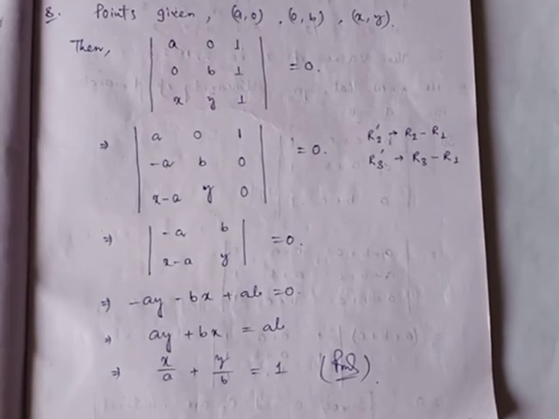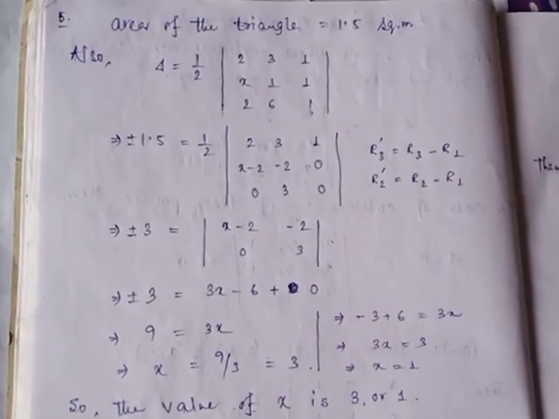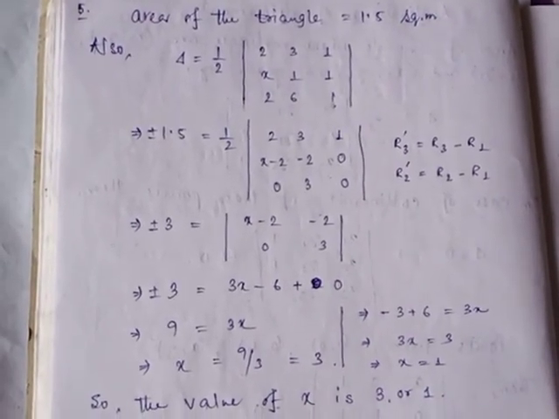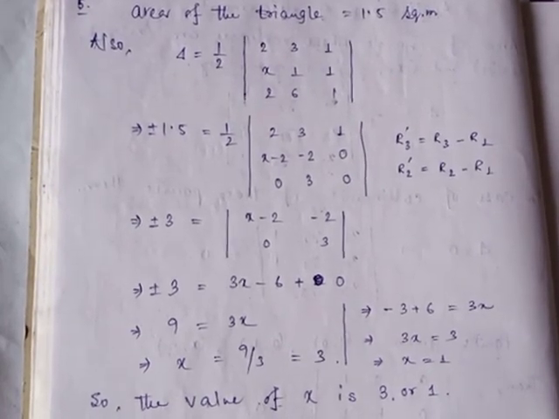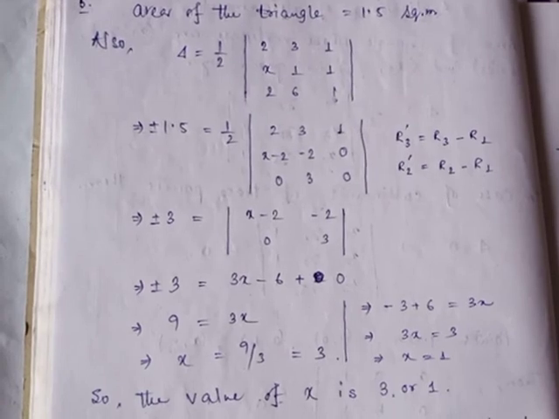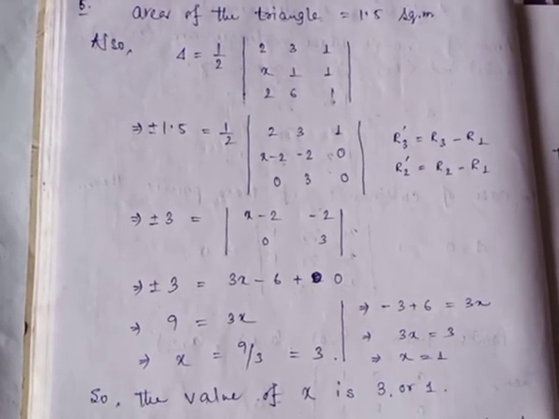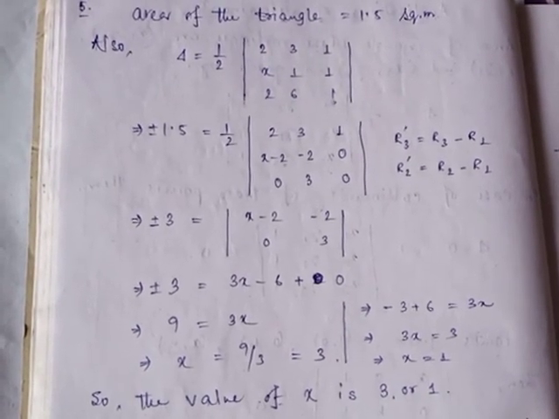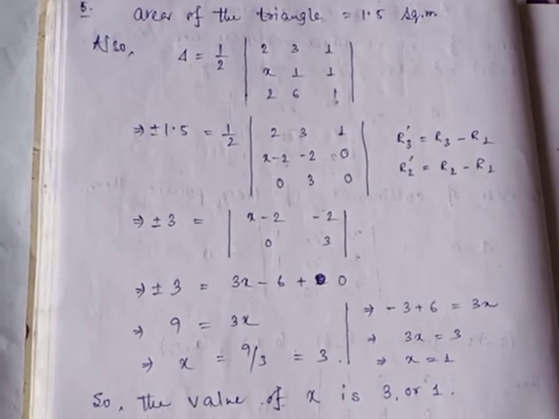Now we're going to the next problem. In number 5, the area of the triangle is given as 1.5 square meters. So delta equals half of the determinant 2, x, 1, 3, 1, 1... You have to find the value of x here. So I am taking the area as plus or minus 1.5.